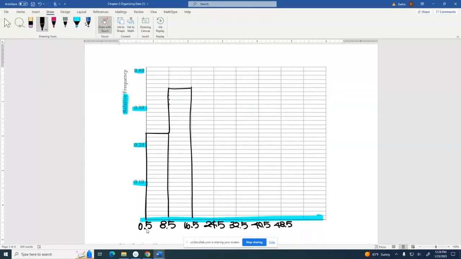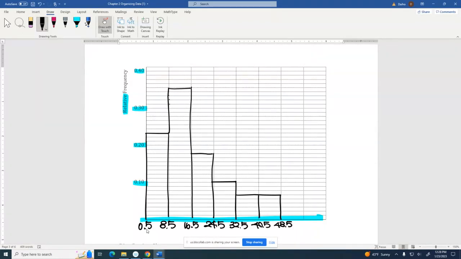And the third one will be 0.18. Next one will be 6 out of 60, 10%, 0.10. And the last one, 4 out of 60, is 0.07.